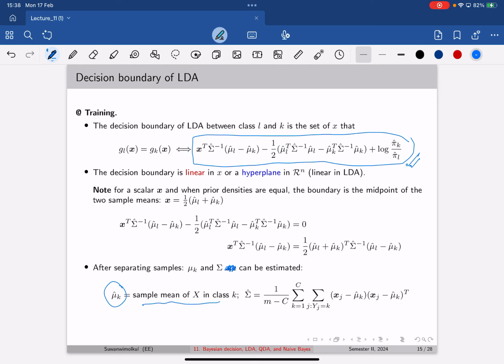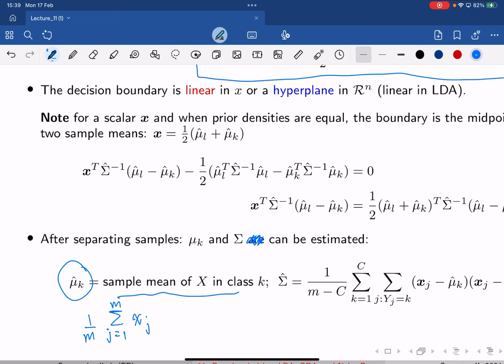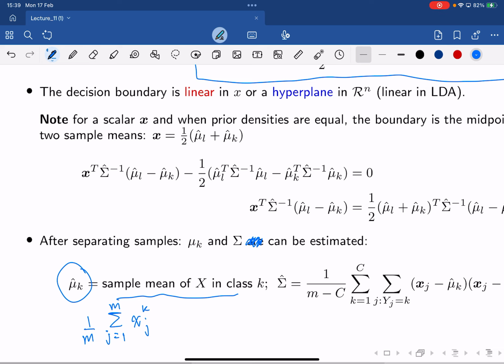That means you can take an average of x over the samples of class J, from the first sample up to m, divided by m. So you will get that mu. But probably that has to be x of the class where y equals class K, or maybe class C, I'm not sure, it depends on how you write it.